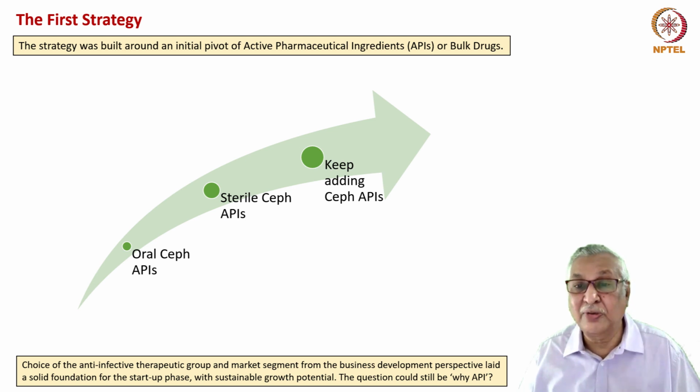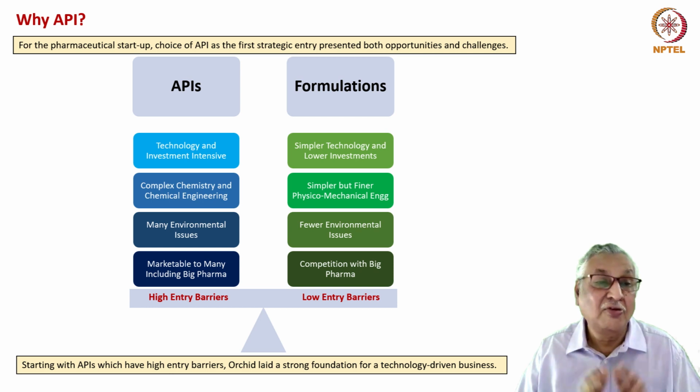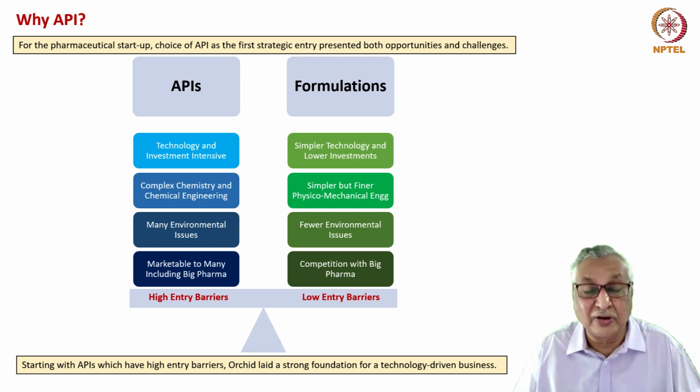The question could still be why API, why it could not have come into the formulations. Why API? For the pharmaceutical startup, choice of API as the first strategic entry presented both opportunities and challenges. APIs are technology and investment intensive. That is, it would create entry barriers which others will find difficult to crack.